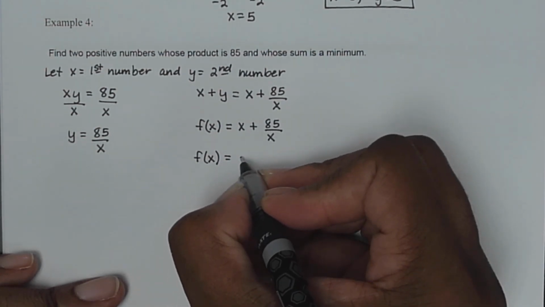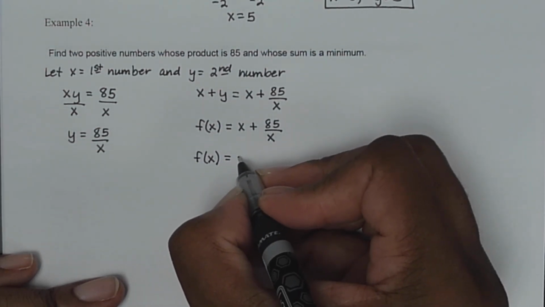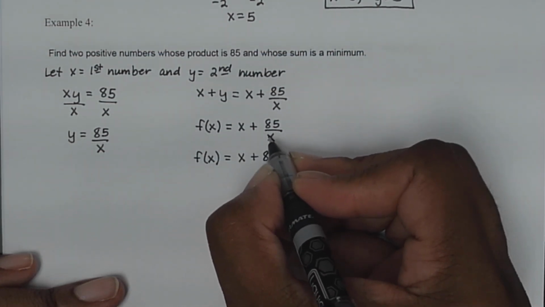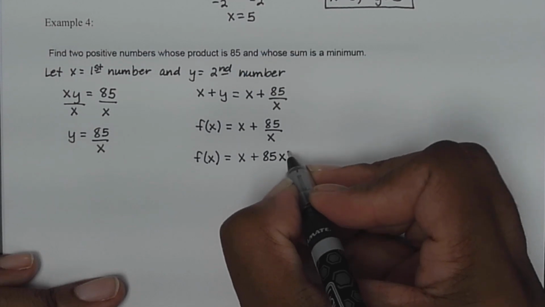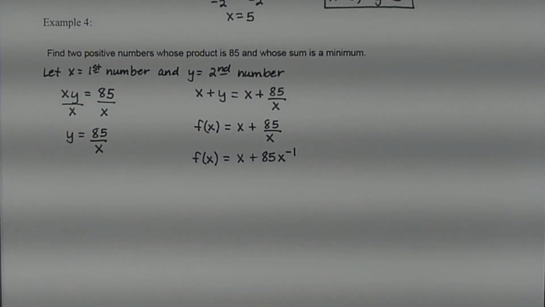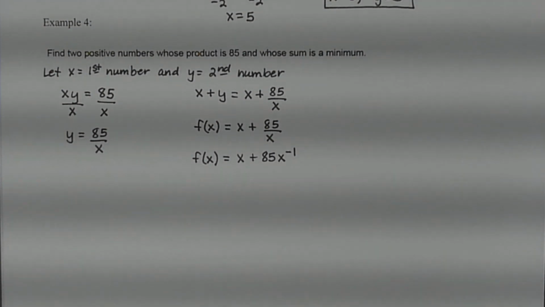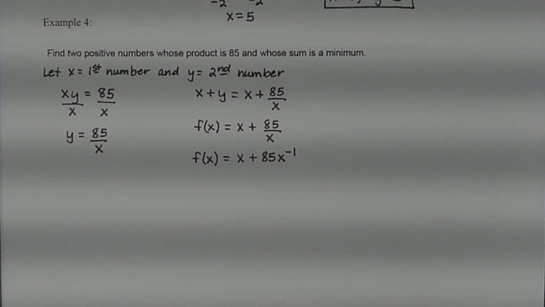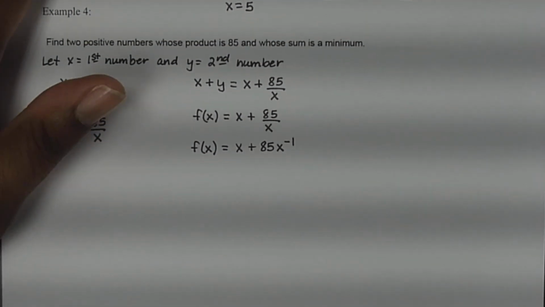Now I'm going to write this using negative exponents. So I'm going to bring down the x plus, bring over the 85. Now if I pull the x out of the denominator, it'll be x to the negative 1. Because what I'm going to do here is take the first derivative so that I can identify my critical numbers, if there is one.